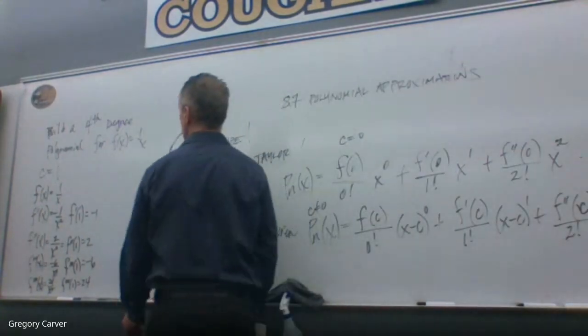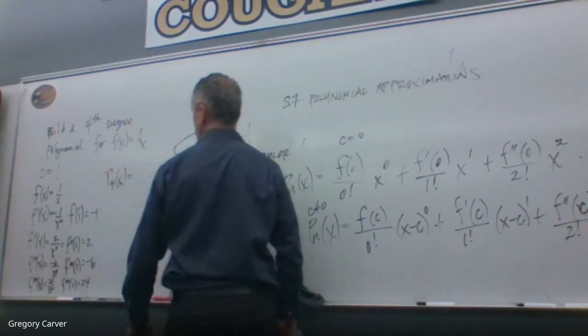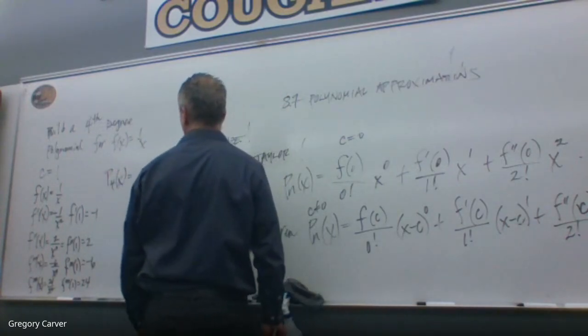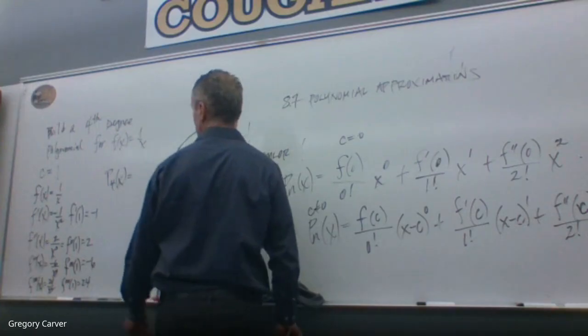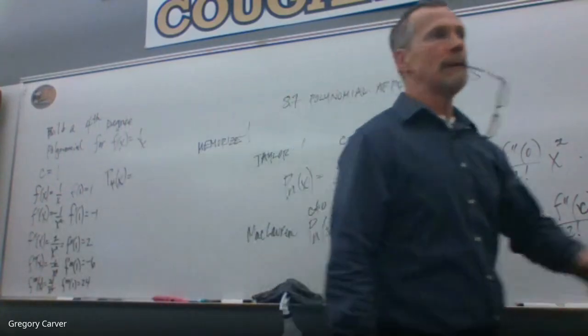So I'm going to build this polynomial. I've got p sub 4 of x. Oh, by the way, I should say f of 1 is equal to 1, right? It's just 1 over 1.